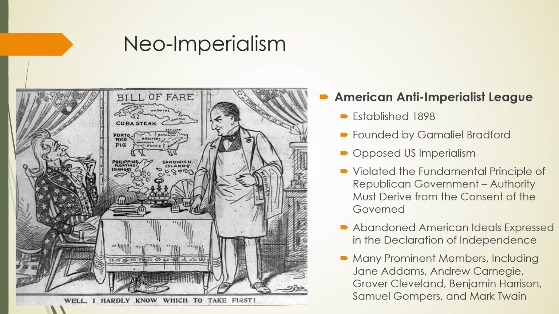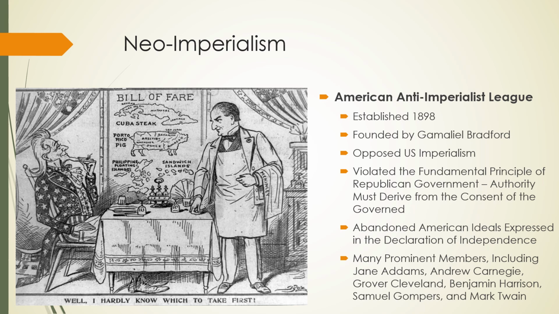So for example, in America, our president and our Congress are elected by us, and we give them consent to make laws for us, right? So in imperialism, if we're ruling another country, then those people don't have consent. So that's a reason why they oppose imperialism.